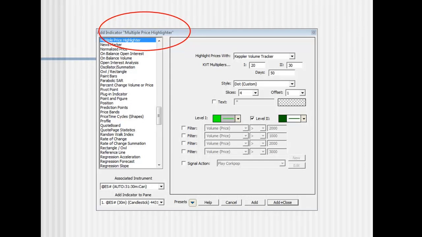The KVT is easily obtained. It comes as part and parcel to the Market Delta platform. It is also available as part and parcel of Investor RT. And so all you have to do is pull up the indicators and choose the multiple price highlighter. That is the indicator that includes the KVT.